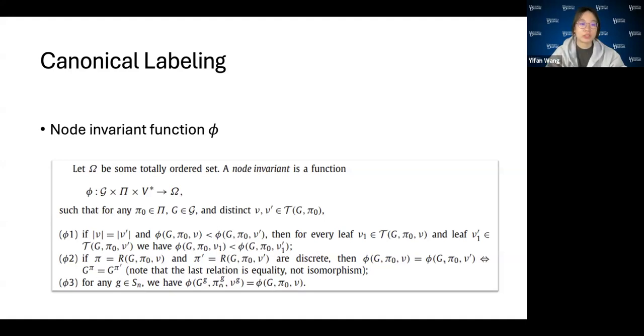This is a formal definition of this function, and the output is some ordered set. So the node invariant is computed for each node in the search tree, and importantly, it is also invariant to any permutations.